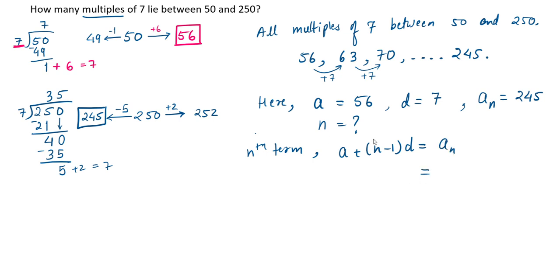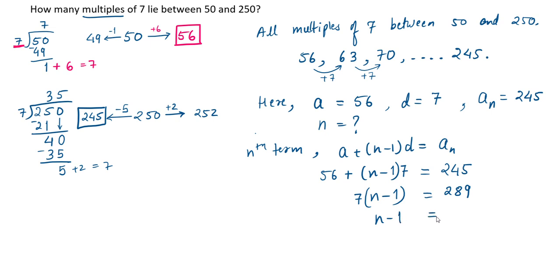So let's substitute values. 56 plus n minus 1 times the difference, which is 7, equals an, which is 245. We can subtract the 56 first out of this. So 245 minus 56, and I'm just writing the 7 here.